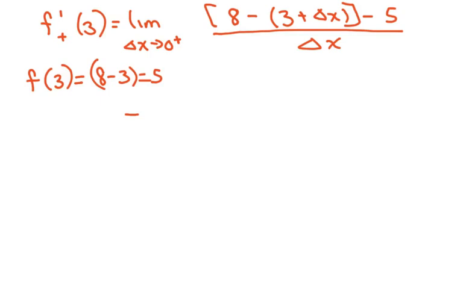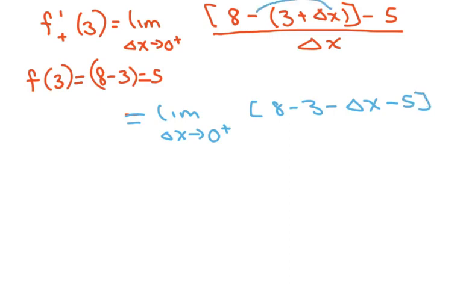And we clean this up. I'm going to change colors, so I'll do blue. The limit as delta x approaches 0 from the right, and we're going to get 8 minus 3 minus delta x minus 5.